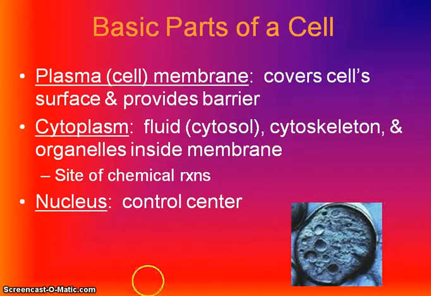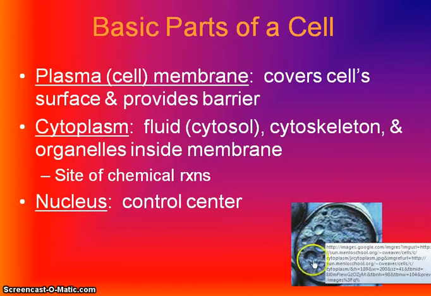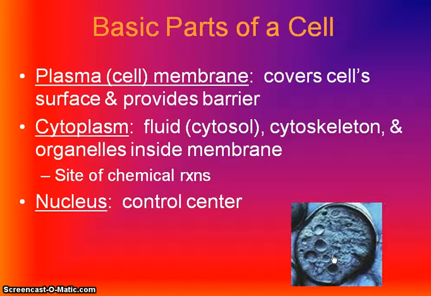The cytoplasm is going to be pretty much the rest of the material inside the cell. There are little fluid pockets throughout the cytoplasm called the cytosol. Within the cytoplasm, there's also the cytoskeleton, which helps to provide support, much like our skeletons do for us. It gives it a little rigidity.